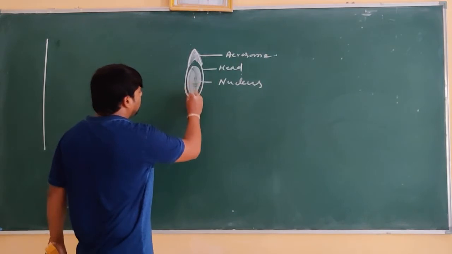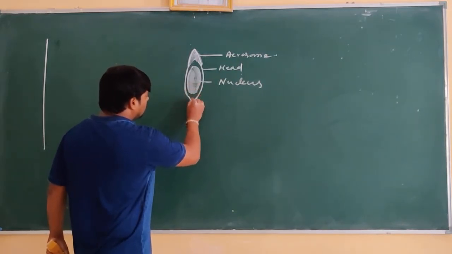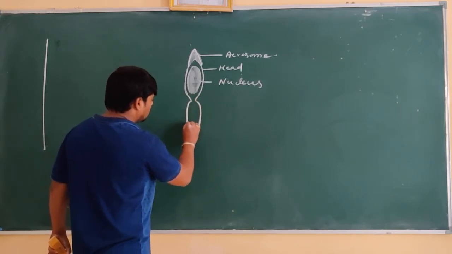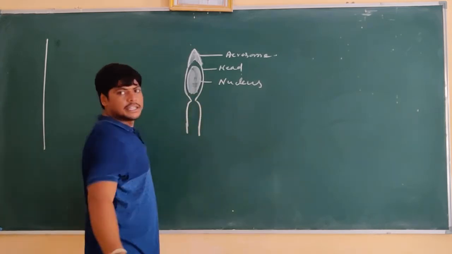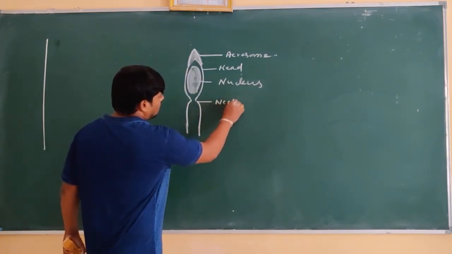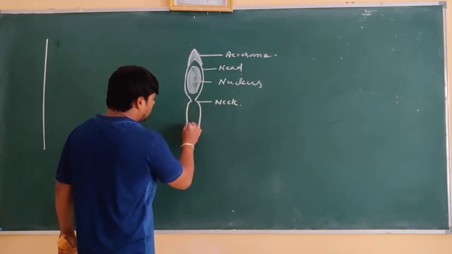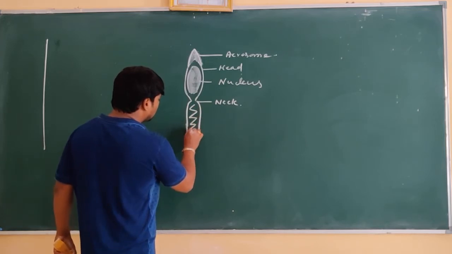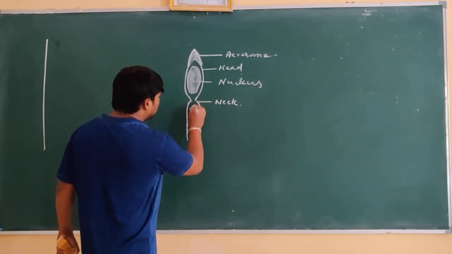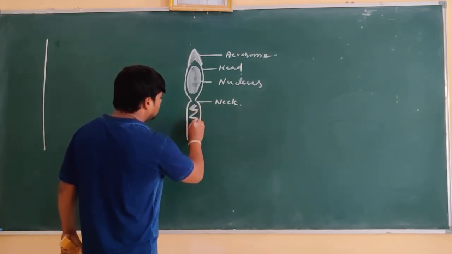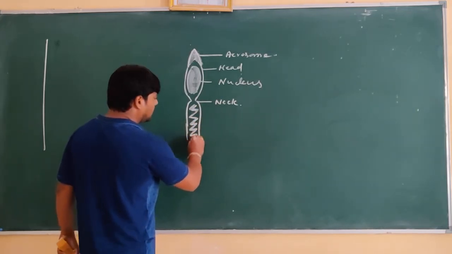And this head part is followed by one small neck region. This is the neck region or neck piece. The neck piece consists of ribbon shaped mitochondria.